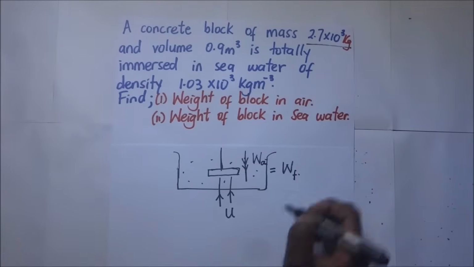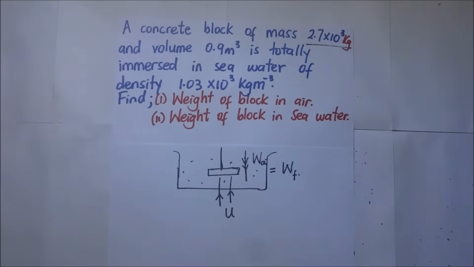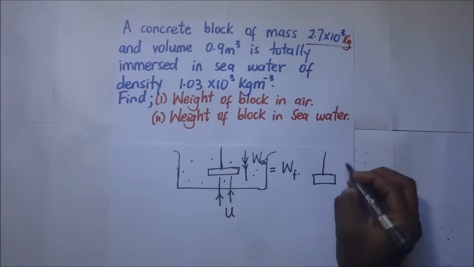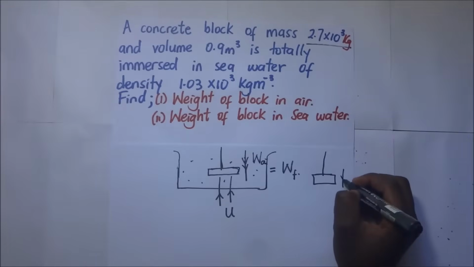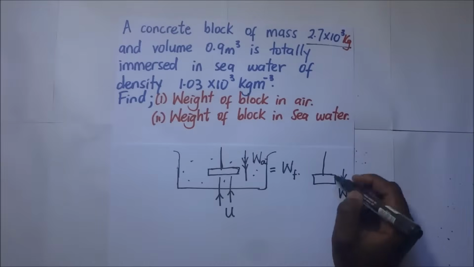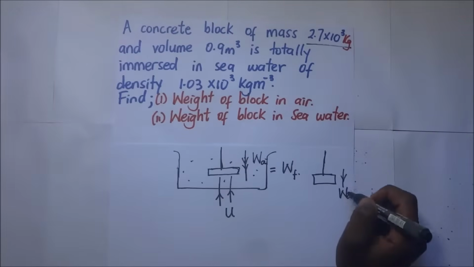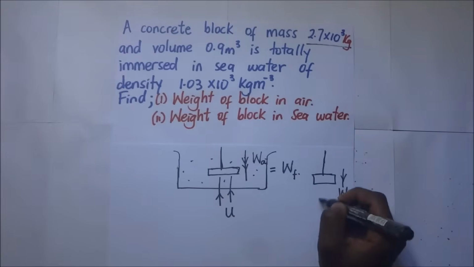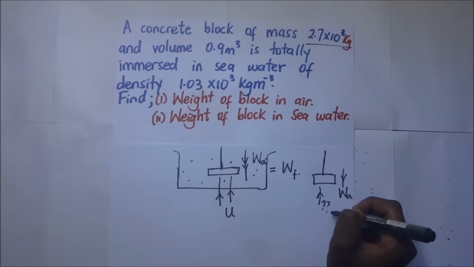In other words, before this block was immersed in this fluid, it was at first dangling in air. When it was in air, its weight in air was what was acting downwards, and upwards there was no force.